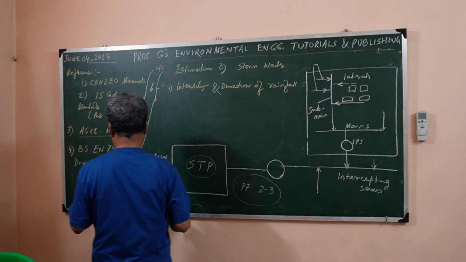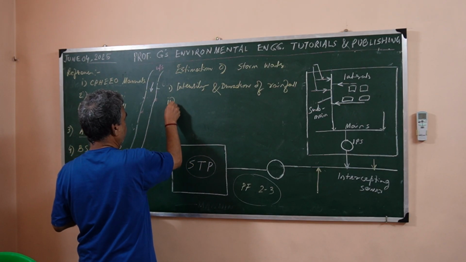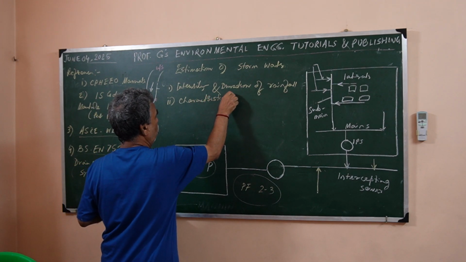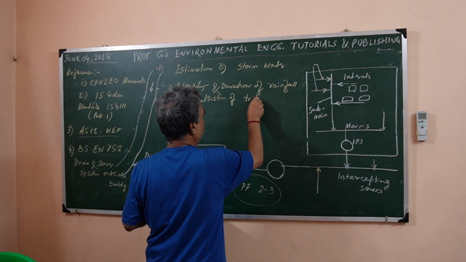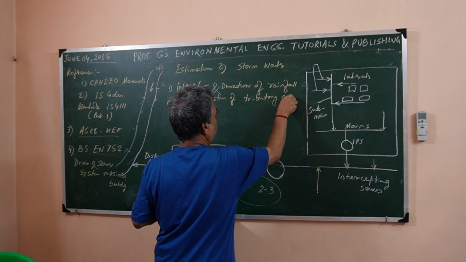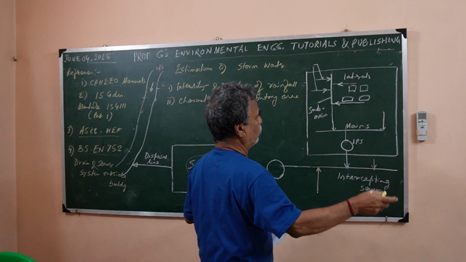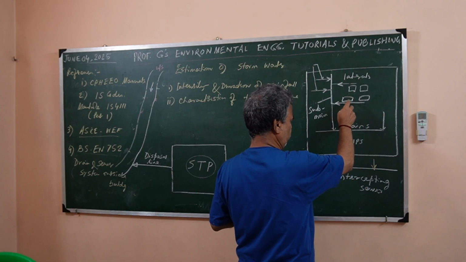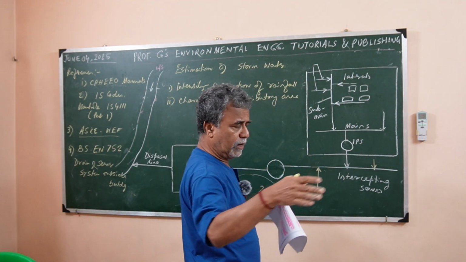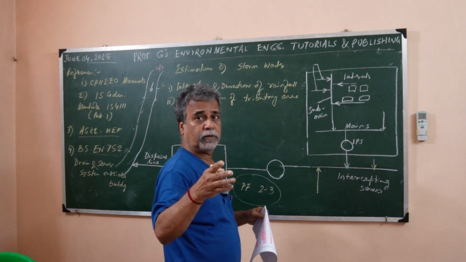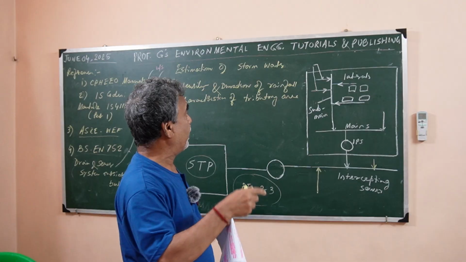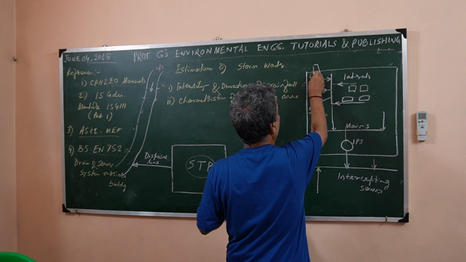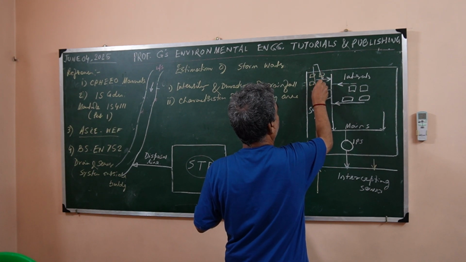Then characteristics of the tributary area. As I think I have told, the tributary area depends on the topography, the political boundaries also, type of buildings. Depending on that, this one is collecting from this many buildings, right?